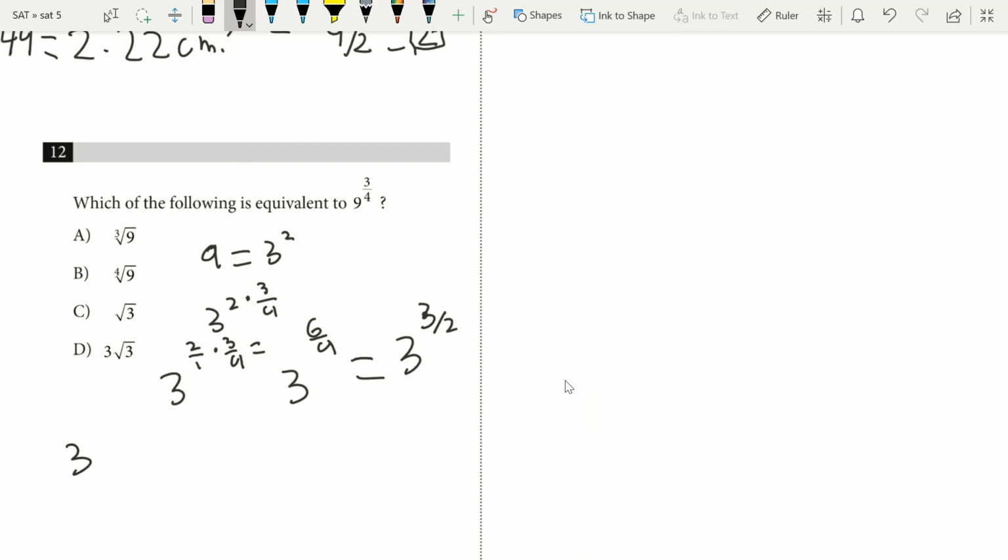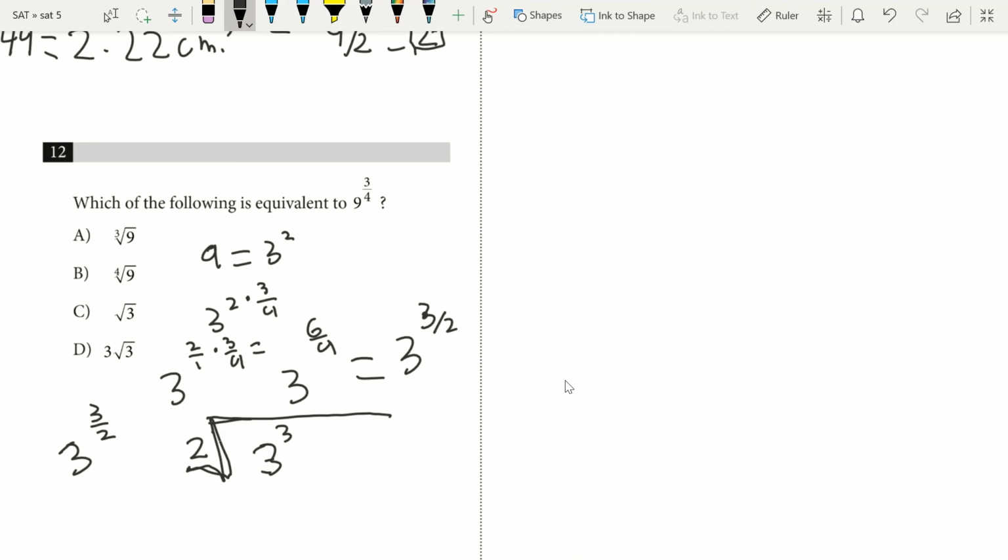Now when you have a base to the power of a fraction, your denominator is going to be what root you have, right? So in this case, our denominator is 2, so we're going to have the square root of 3 to the power of 3, because your numerator is what goes inside the root.